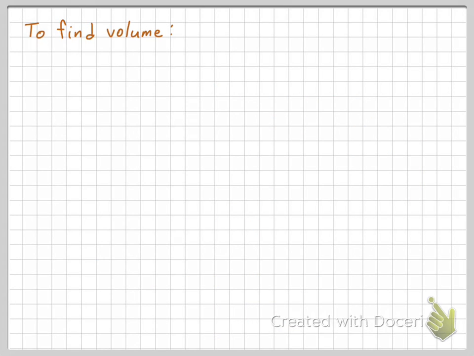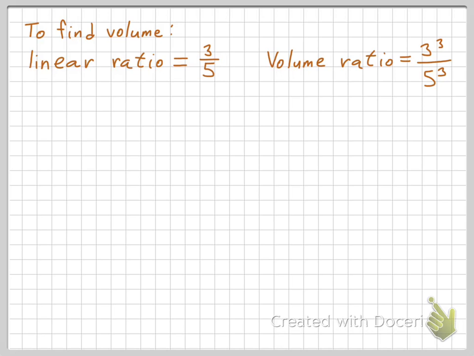And to find volume, you need to use the linear ratio. You need to go back to the linear ratio, which is again 3 to 5. But to compare the volume of cube C with the volume of cube D, you cannot use 3 to 5. You have to use the volume ratio. And the volume ratio is 3 cubed over 5 cubed, right?